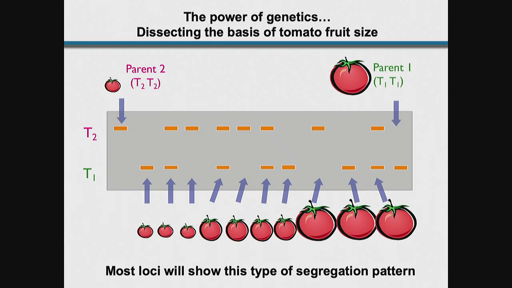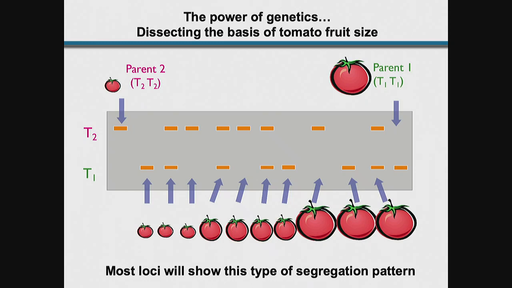As you can see here, this is the small fruited parent, only has the T2 allele. The large fruited parent only has the T1 allele here. And then we look at all of these F2s to see what the distribution of alleles is. Is it heterozygous, right? Is it homozygous for the small fruited allele? Is it homozygous for the big fruited allele?